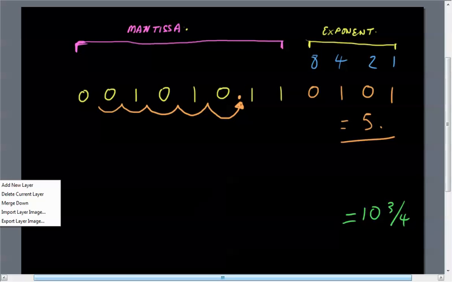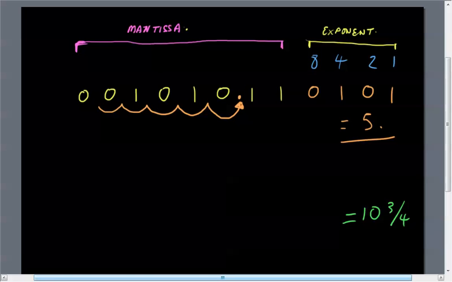So the number now becomes 1, 0, 1, 0, 0.11. Okay.